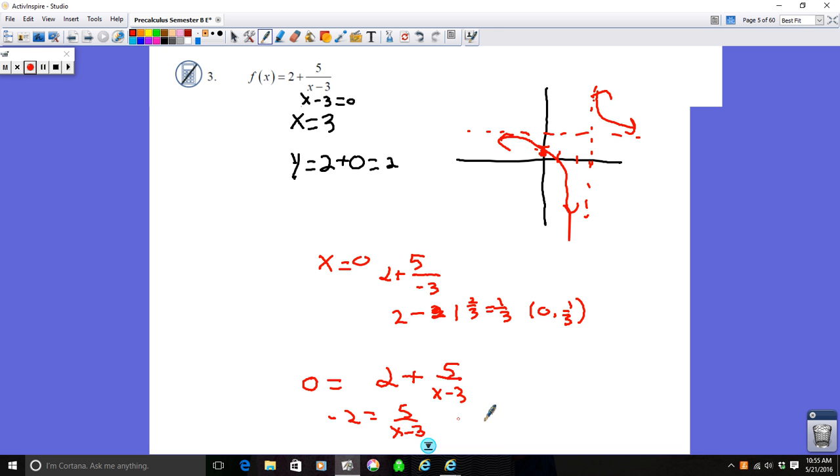Cross multiply, and we have negative 2 times x minus 3 equaling 5. And when we solve that and subtract 1, it's negative 2x equals negative 1. So I'm going to put this up here. x equals 1/2. So our x-intercept is at 1/2, 0, which is not exactly where we drew it, so it would be kind of closer to there.